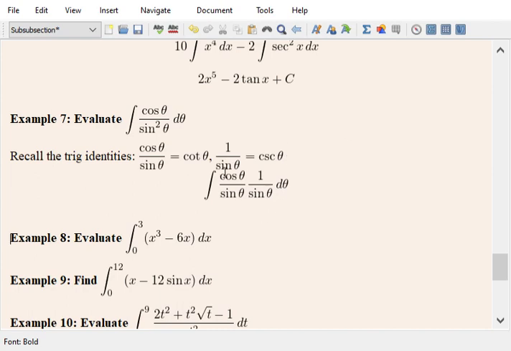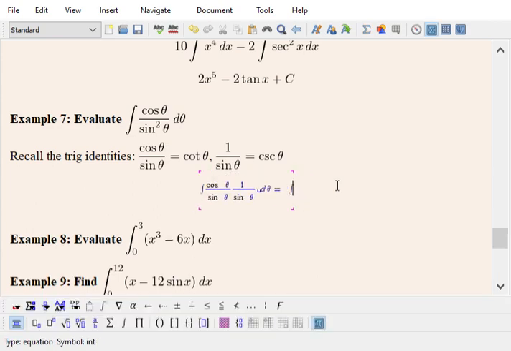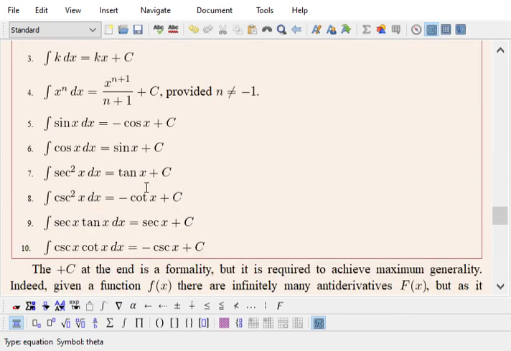Right? Just split up the bottom. So that is the integral of cotangent times cosecant. So integral of cotangent cosecant, and well, what do you know?